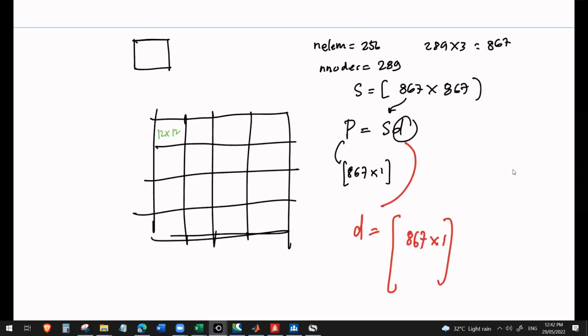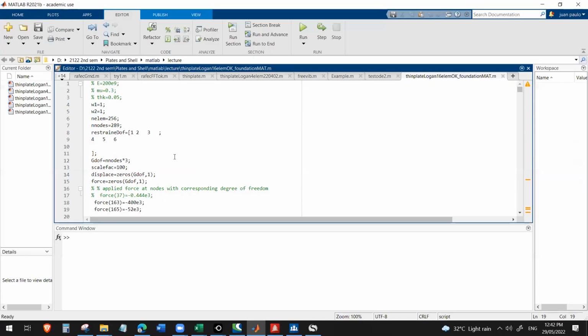For all of these, you have a stiffness matrix up to 256 elements. And then they will come up with a stiffness matrix of 867 by 867. And when you form that, invert that matrix, and then with the force vector 867 by 1, you will get the displacement. Okay, so let's try that in our MATLAB.